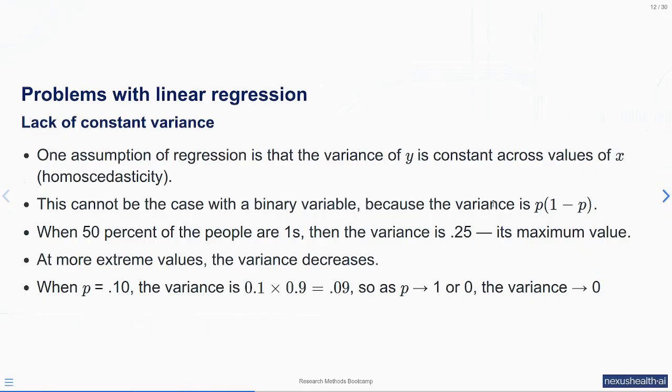So if, for example, p is 0.1, the variance is just going to be 0.09. So this tells us that as p tends to 1 or tends to 0, the variance is going to tend to 0. So already this key assumption of linear regression, homoscedasticity, is already broken. So linear regression does not work for binary outcome variables.